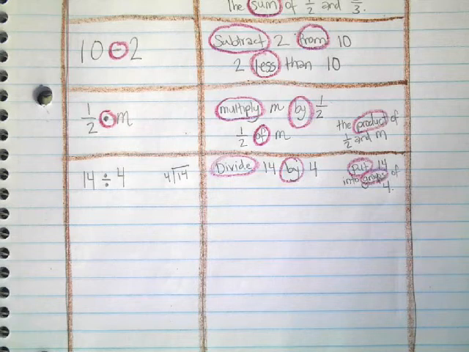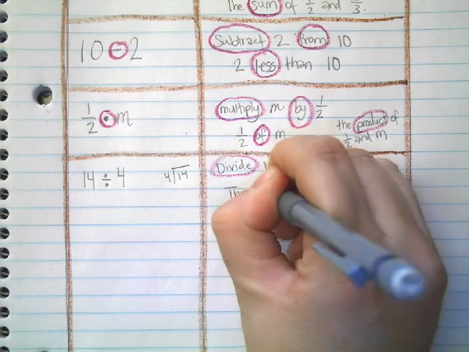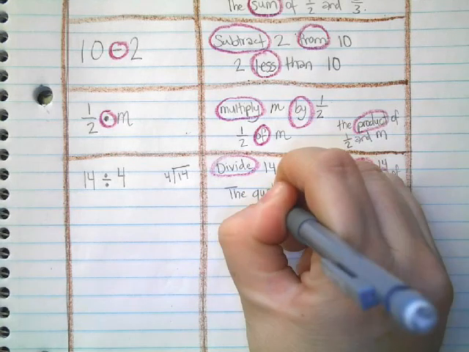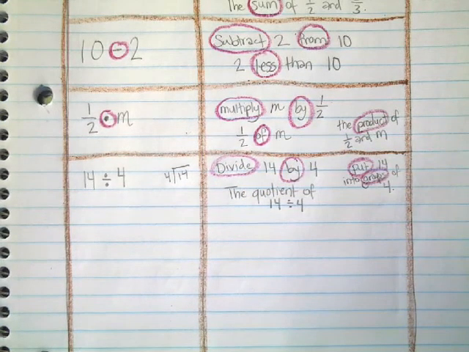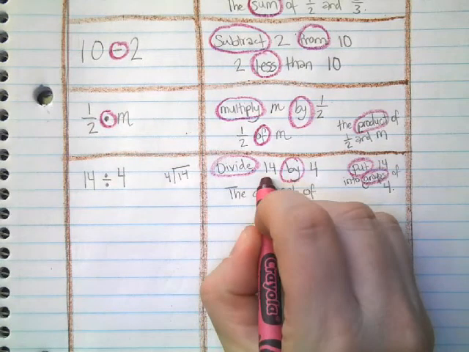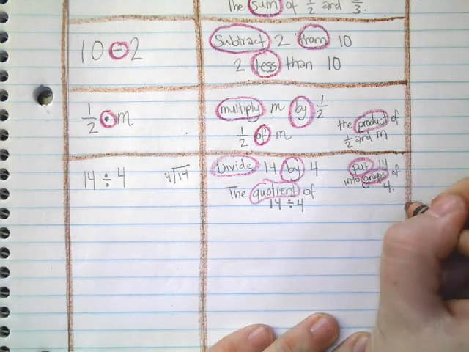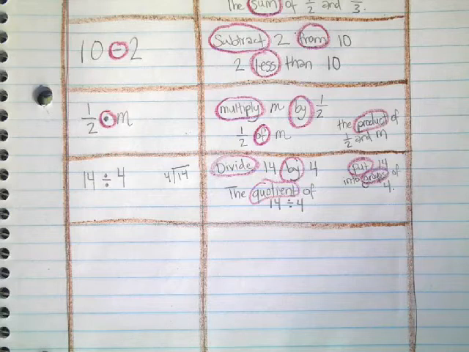The words put and groups might be examples there. Another one, let's put the quotient in there. So the quotient of 14 divided by 4. What's the key word in those words? It is quotient. Draw the brown line. Let's continue.